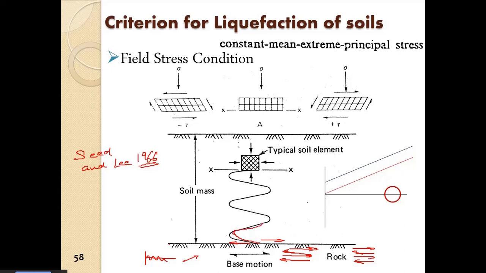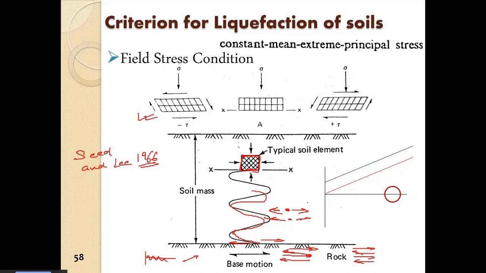So there is a shear wave generated. If a particle is here, once it moves in this way, similarly another particle will move in this way and that way. So this is the shear condition in the first cycle. In the second part of the cycle, it will move in the other way. So mainly the shear stress in the element is changing.